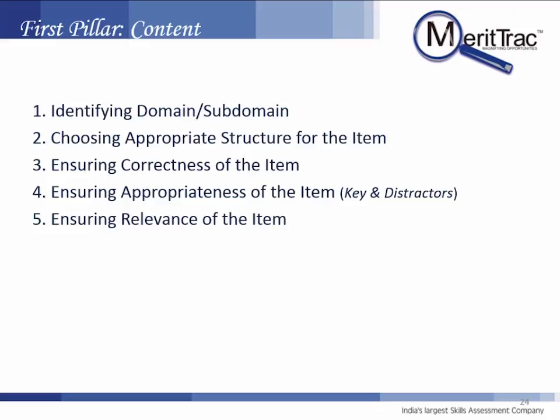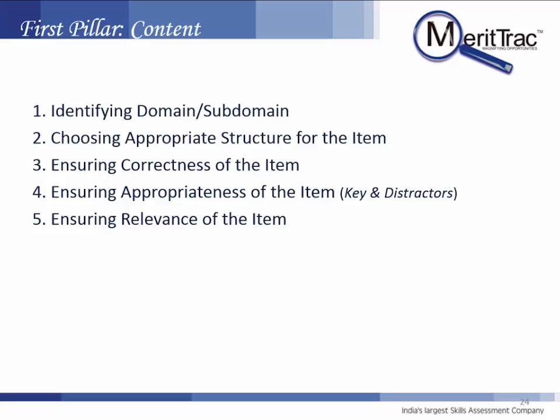So we must appropriately fit a particular structure for each and every item. We must ensure the correct answer is there. The correctness of the item is extremely important, and that we must ensure as a part of this particular pillar.